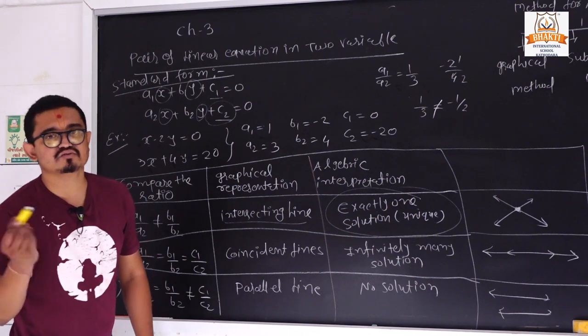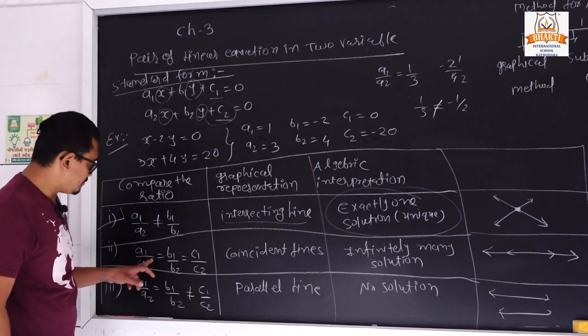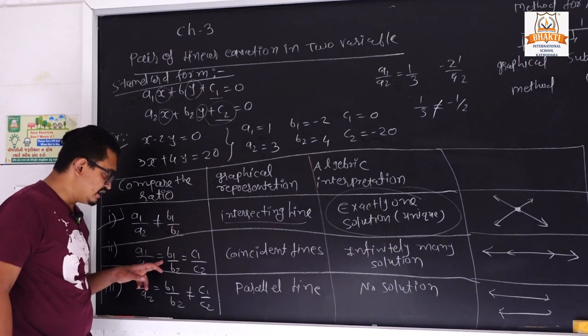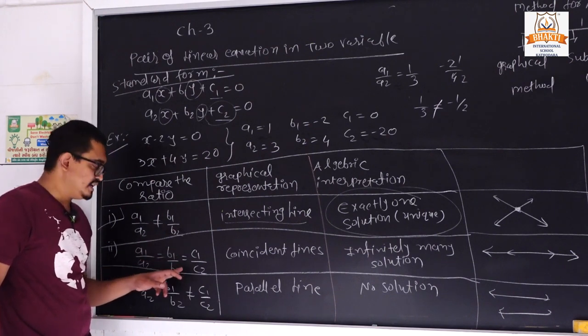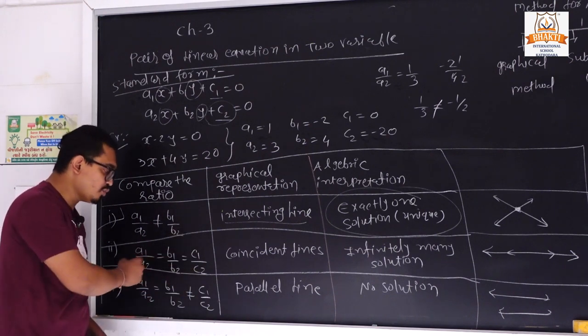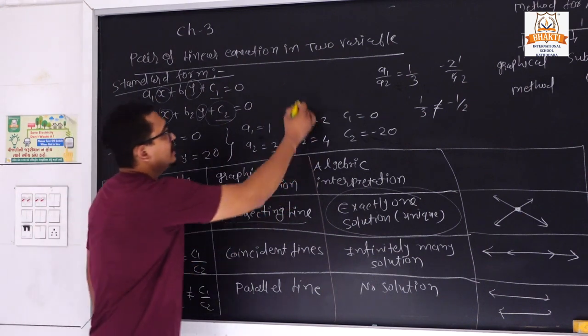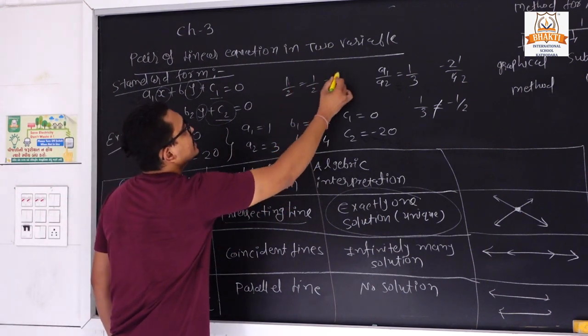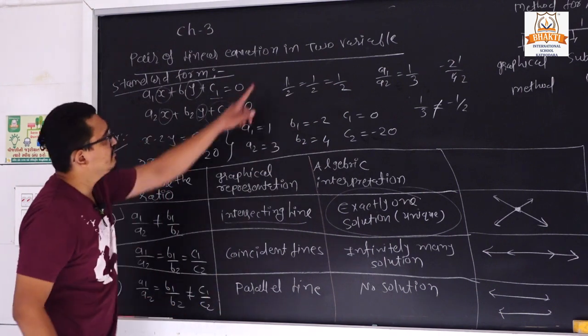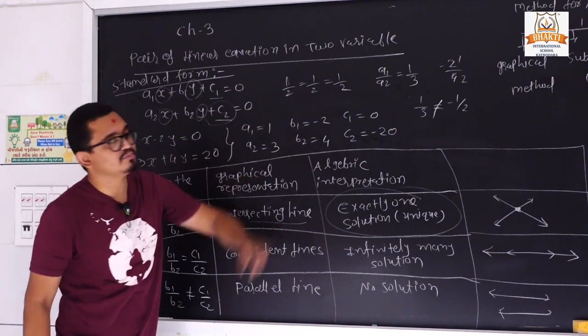But in some cases, a1 upon a2 is equal to b1 upon b2 is equal to c1 upon c2. Suppose 1 by 2 is equal to 1 by 2 is equal to 1 by 2, for a1 upon a2, b1 upon b2, c1 upon c2.